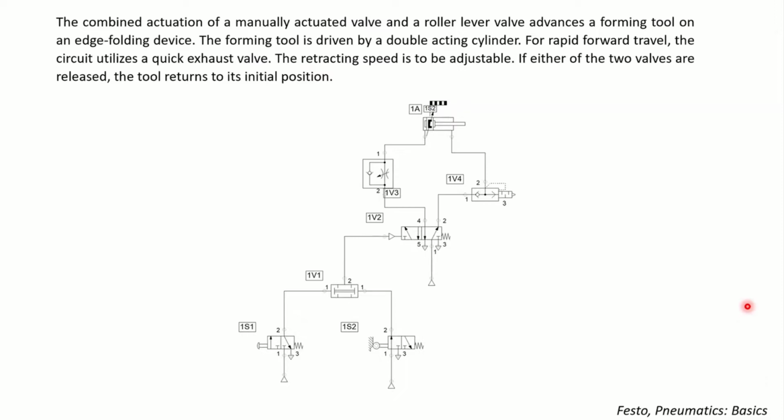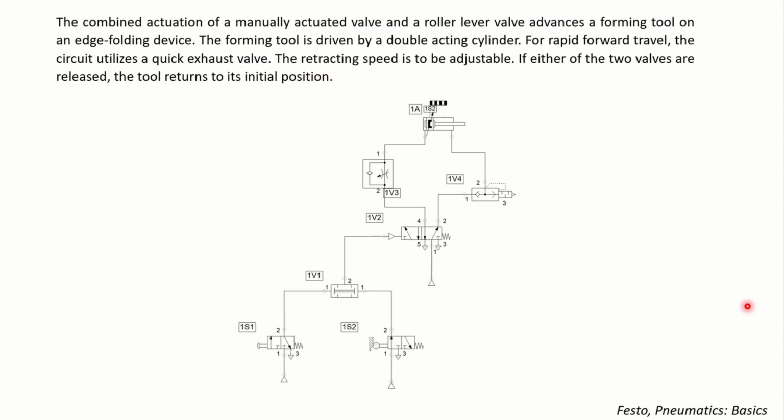And the retracting speed, this is another important piece of information. The retracting speed is to be adjustable. And finally, it says if either of the two valves is released, the tool returns to its initial position. So we have to use a quick exhaust valve as the problem says, and it says the retracting speed is to be adjustable, which means we need to use a sort of throttle check valve, right?